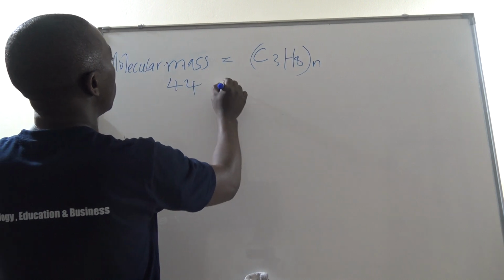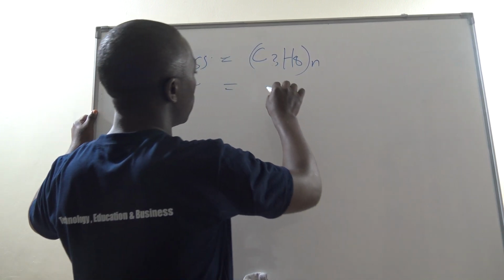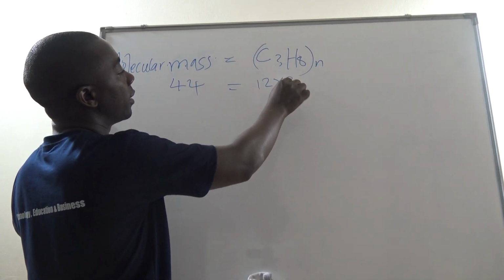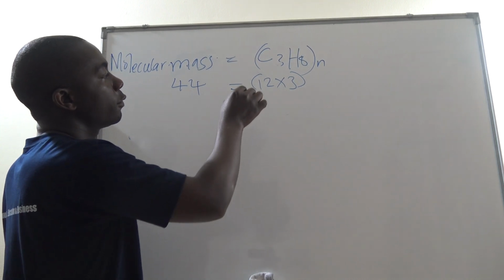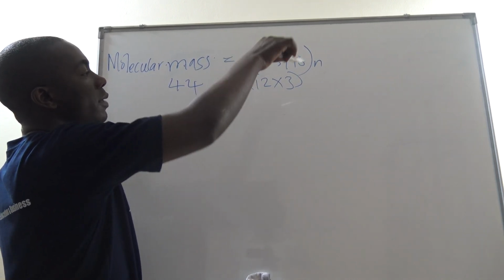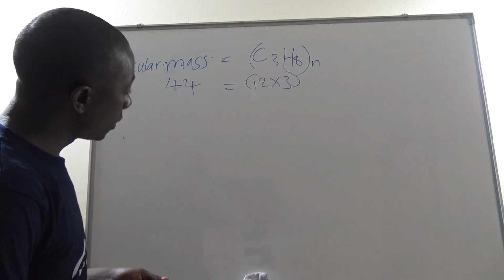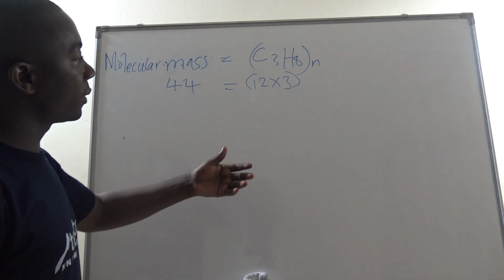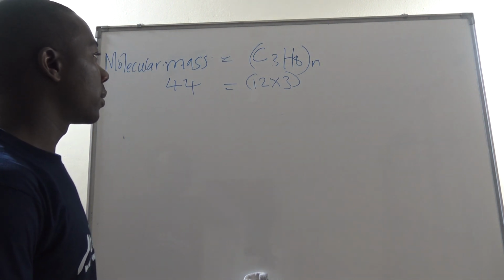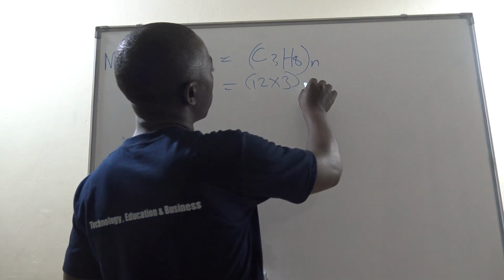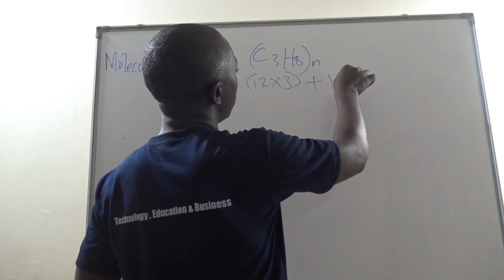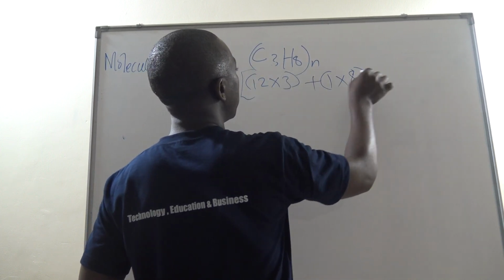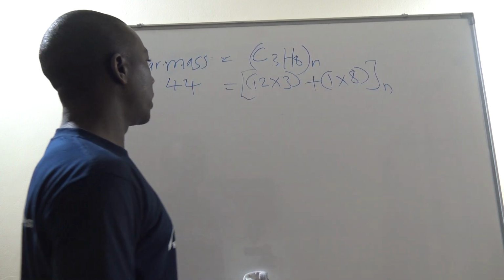This is 44 equal to, carbon has atomic mass 12, but there are 3 atoms. I want to encourage you that it's supposed to be atomic mass times the number of atoms, not number of atoms times atomic mass. Hydrogen has atomic mass 1, but there are 8. All of these are multiplied by factor n.